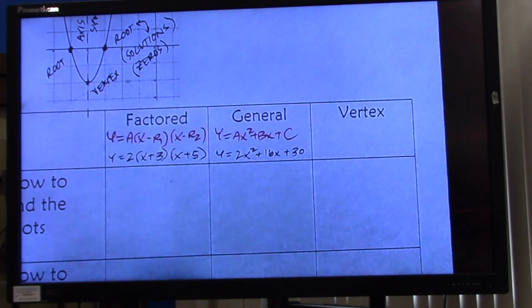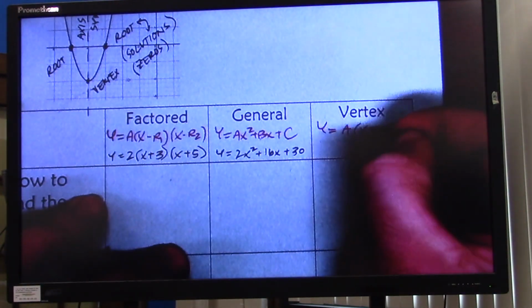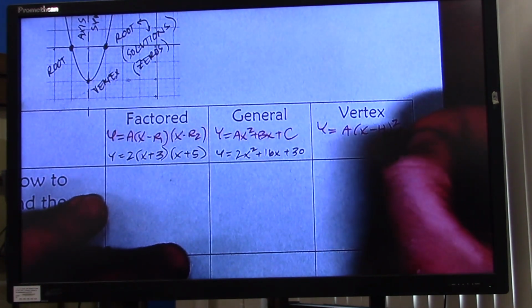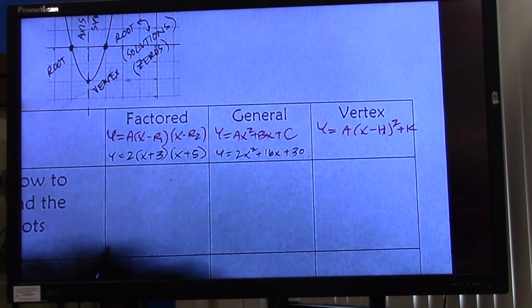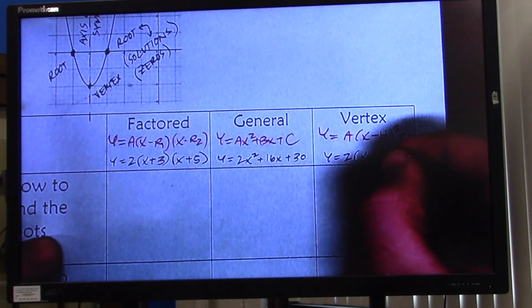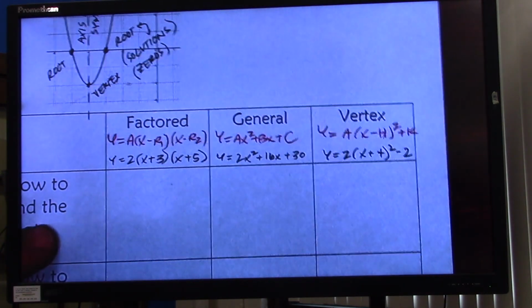And the last one, the vertex form, that's the one with only one parenthesis getting squared. Okay, so those are the 3.